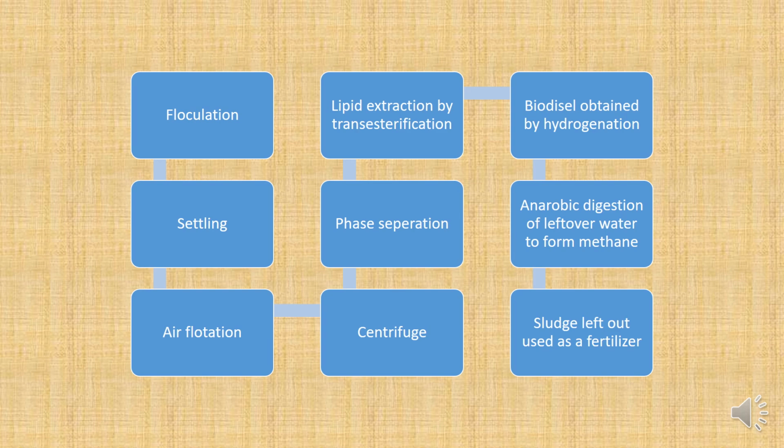But generally many other additional steps are also found in industrial scale processes. It begins with a flocculation pre-step, and then a settling. Then after settling, air flotation can be done, and after air flotation we can do centrifugation.